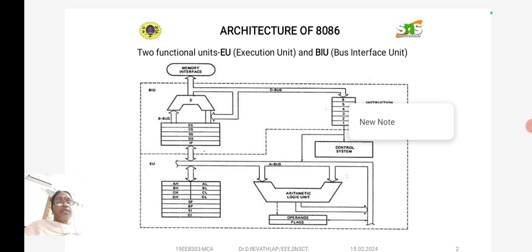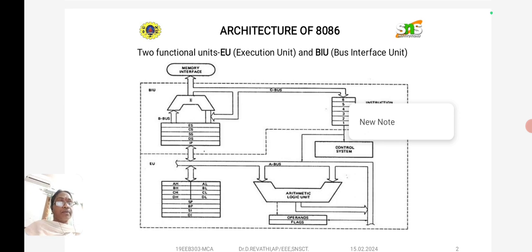The bus interface unit is responsible for fetching instructions from the memory and decoding them, what the instruction has to do. And the execution unit executes the instructions.